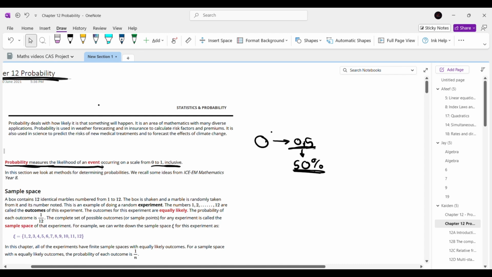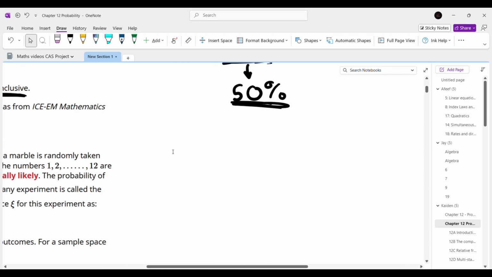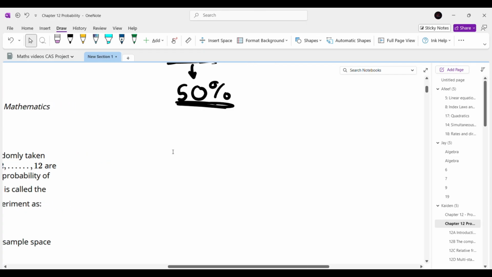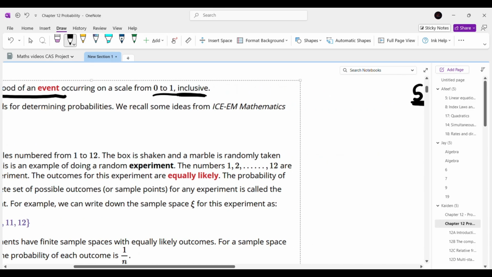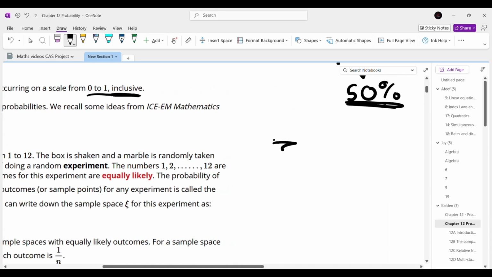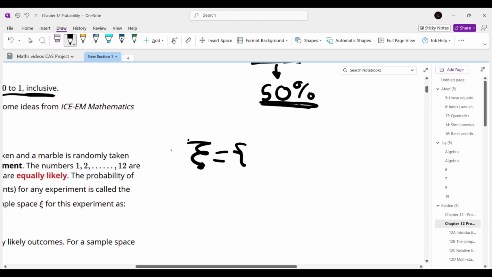So when we're dealing with probability, we have to have what's known as an experiment. And in an experiment, we'll have a series of outcomes known in probability as a sample space. When you're writing a sample space, you put your individual values inside these brackets. So let's just say we have 1, 2, 3, 4, and 5.